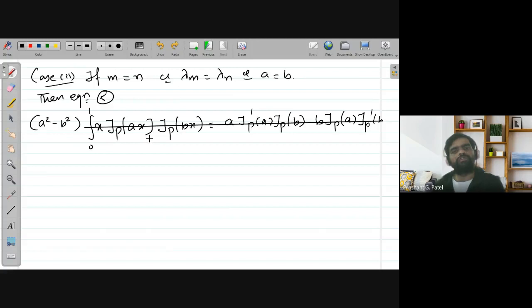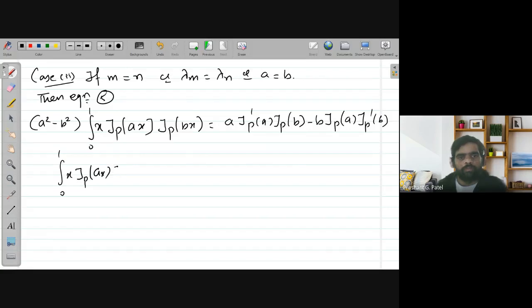But now what is the situation here? This a square minus b square is 0. Okay, so it is the indeterminate form which we have.